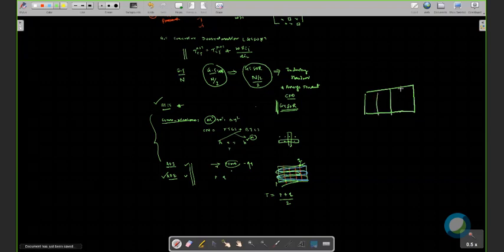Say 5. So 1 2 3 4 5. So n equals 5 in x, and m equals 5 in y. So there will be actually 25 equations, and 25 equations you can solve by calculator.